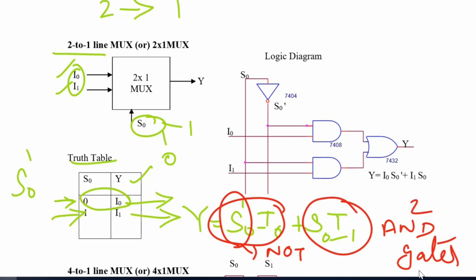Then after both are summed up, we need one OR gate. Then express everything in a logic diagram.